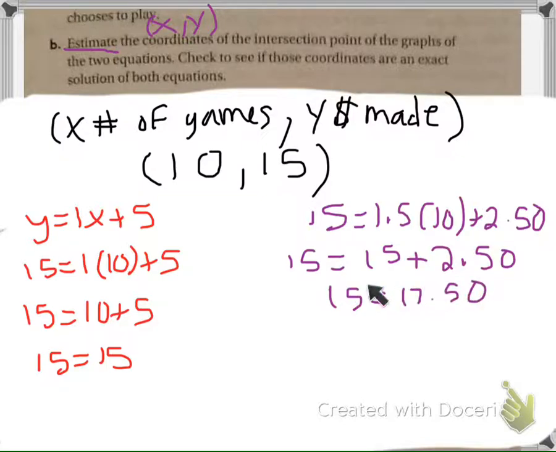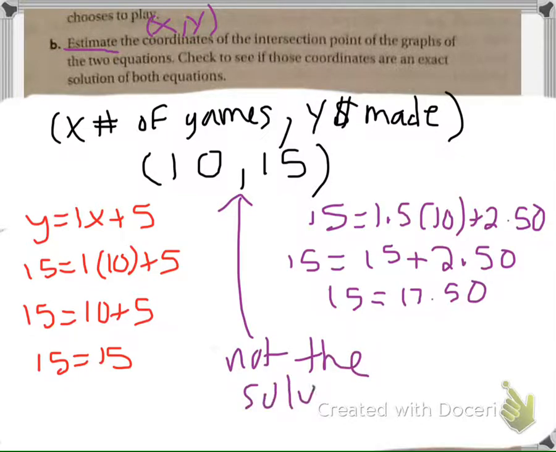So this does not work. So my coordinate points, my estimate, is not the right answer. Not the solution. So on your page, I should see your own estimate, and you are putting your coordinates into the equation and solving. That is the way you're going to get credit for this homework.